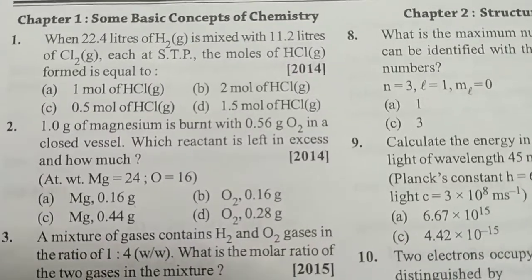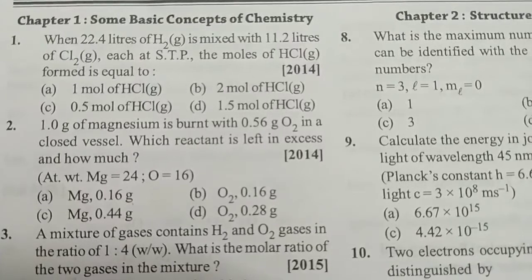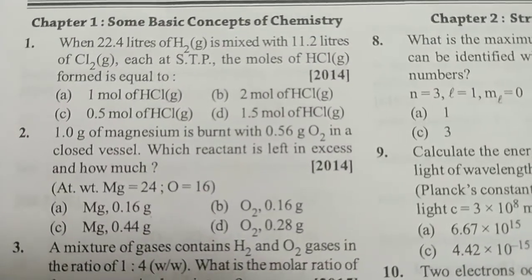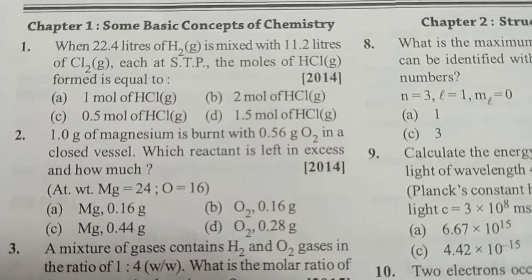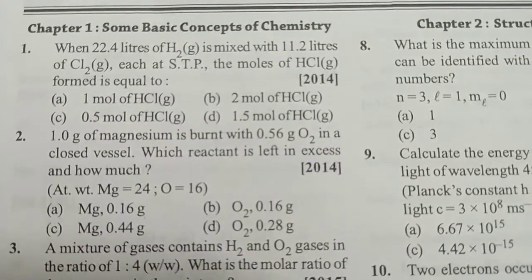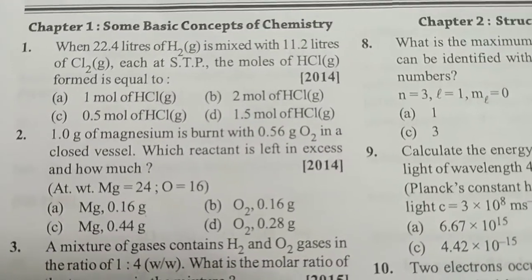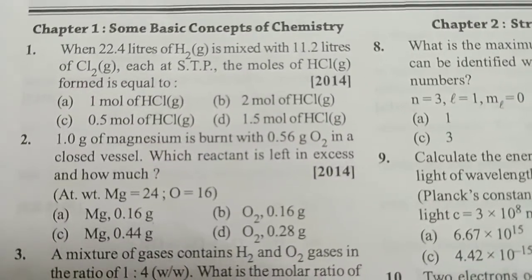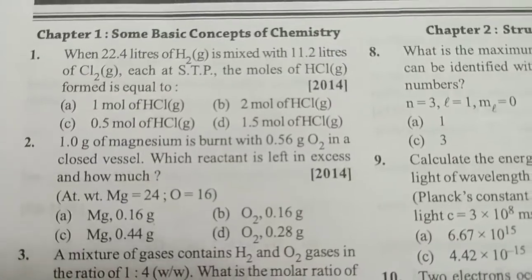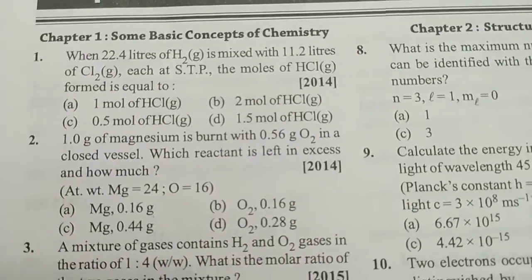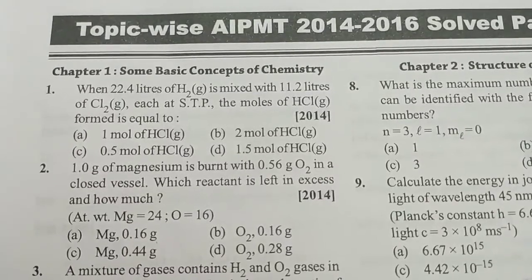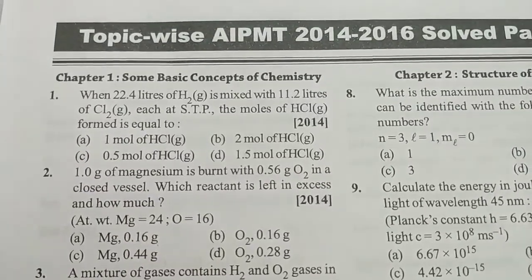The second question is 1 gram of magnesium is combined with 0.56 gram of oxygen in a closed vessel. Which reactant is left in excess and how much? This is the homework. Based on the limiting reagent, you can solve it. Thank you. This chapter is over. Next we can solve the structure of atom.